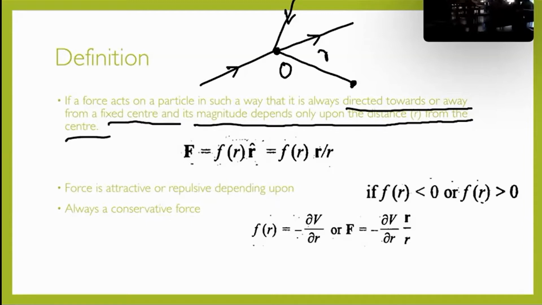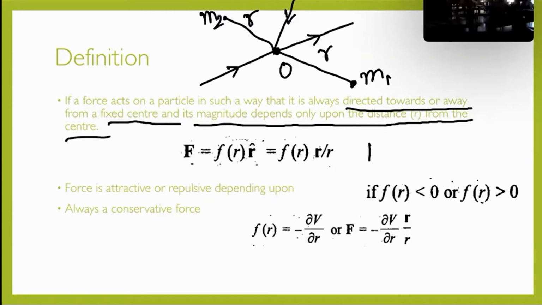For example, if this is mass m1 and this is mass m2, and the distance is the same, then the force acting on these two bodies will be the same.